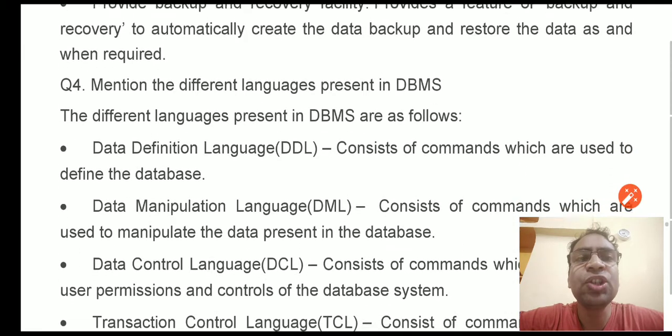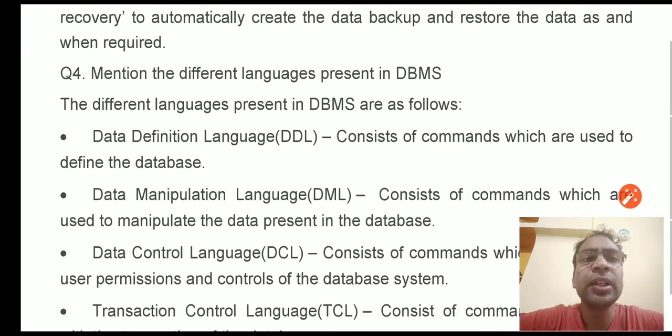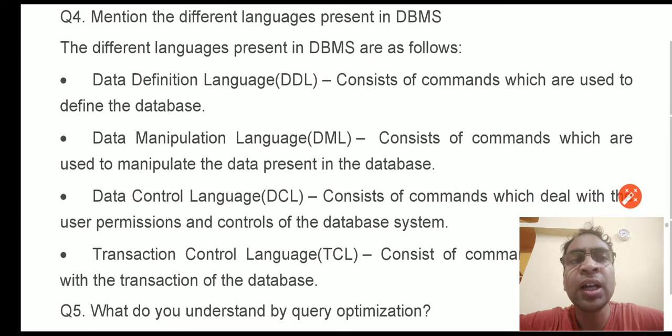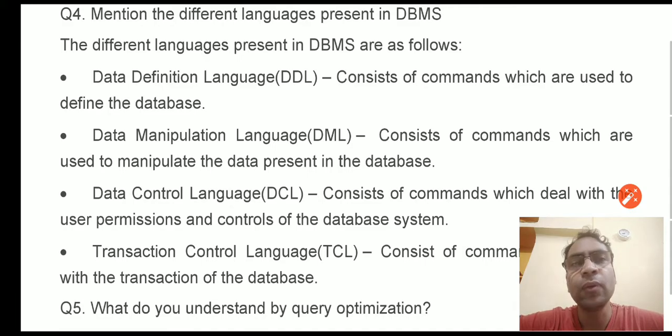Next question, mention the different languages that are present in DBMS. The different languages present in the DBMS can be considered in four categories. Major are the three: data definition language, that is DDL, data manipulation language, that is DML, and data control language, DCL, and lastly TCL, which is the transaction control language.